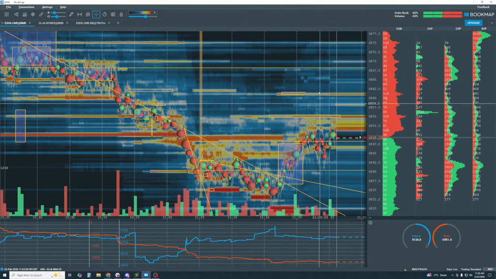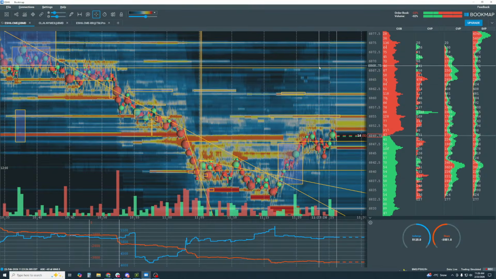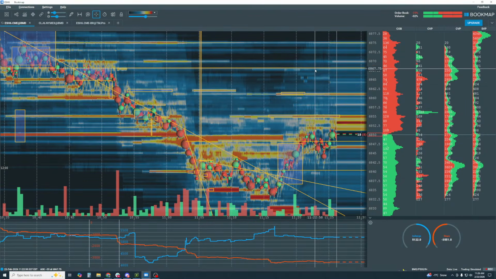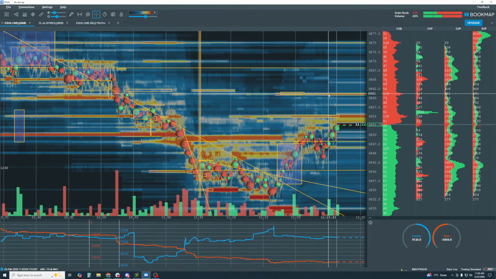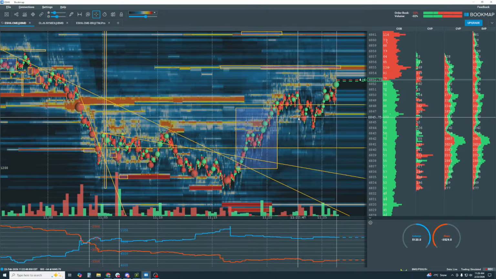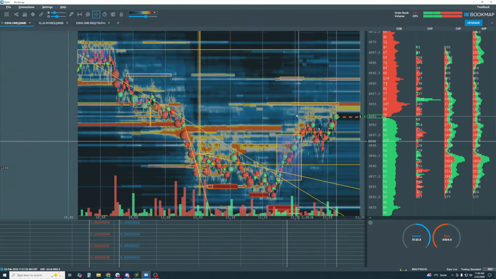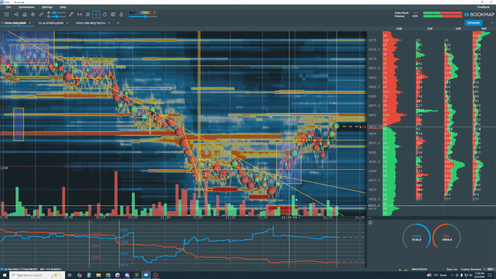I like 55, and what was our 70 level up here? I'm still looking for 55 as the first stop, then 61. Now this took a while for this thing to turn around.